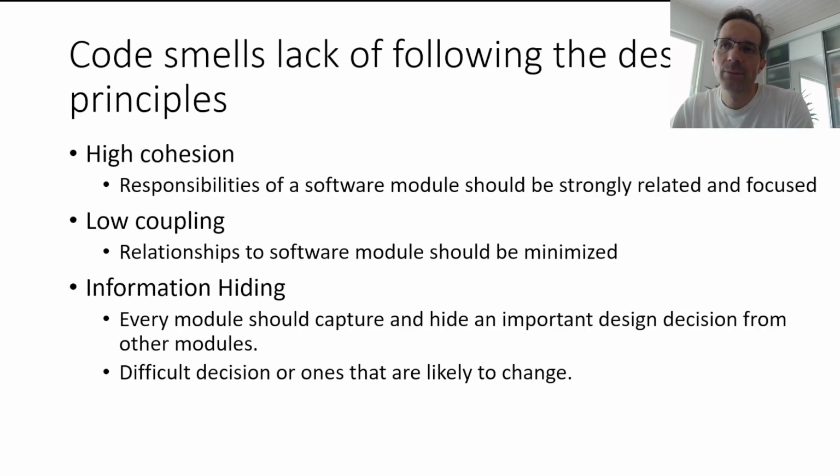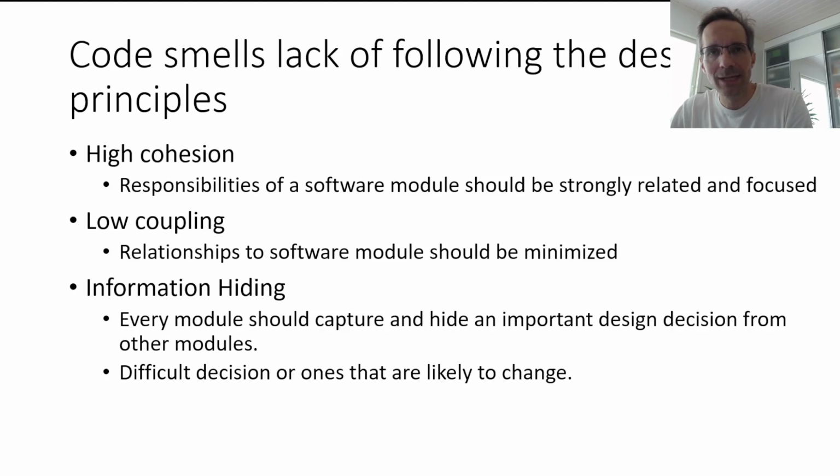And finally, we have the principle of information hiding. So every software module should capture and hide important design decisions from other modules. And what are these important design decisions? They are the difficult decisions or the ones that are likely to change.